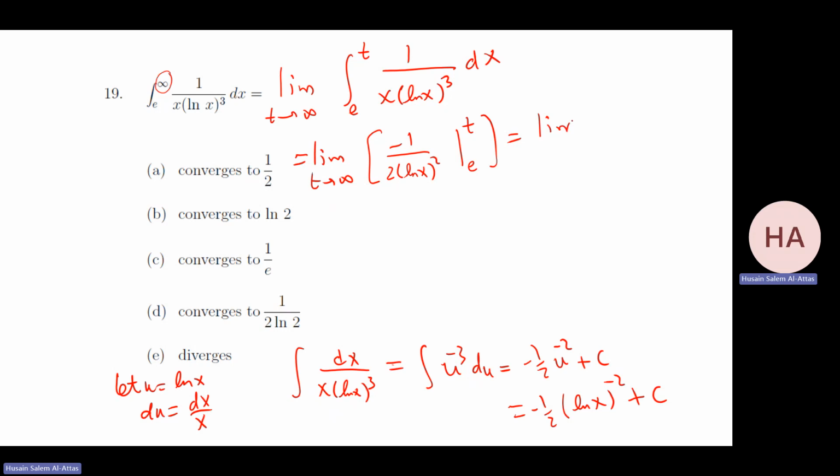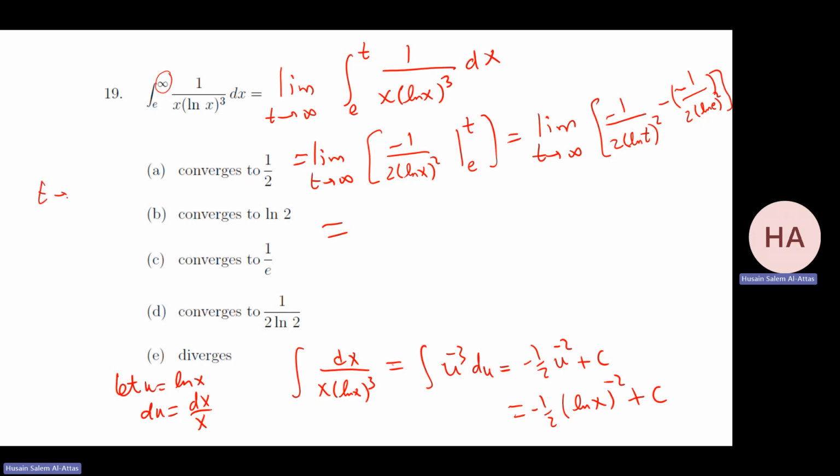That will be the limit as t goes to infinity of minus 1 over 2 (ln t) squared minus, minus 1 over 2 (ln e) squared. So I have what?